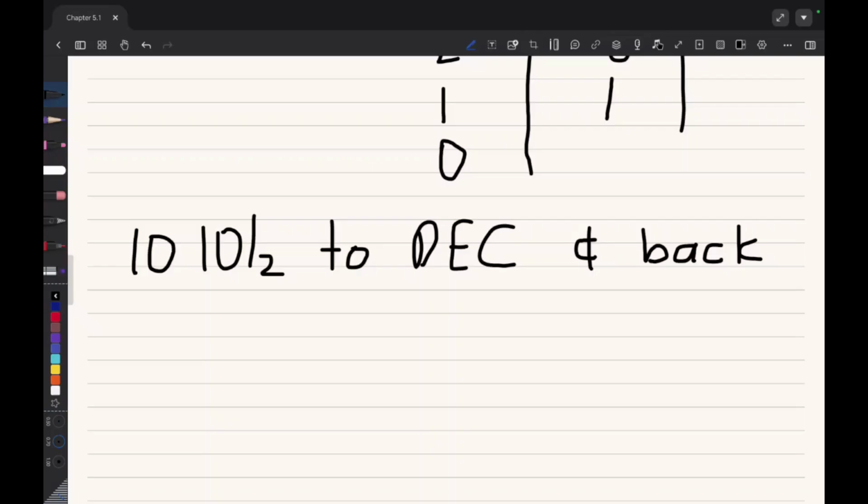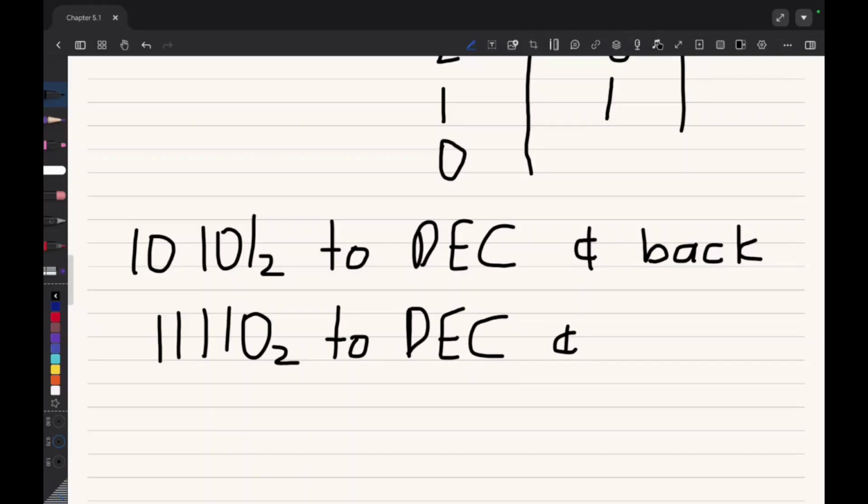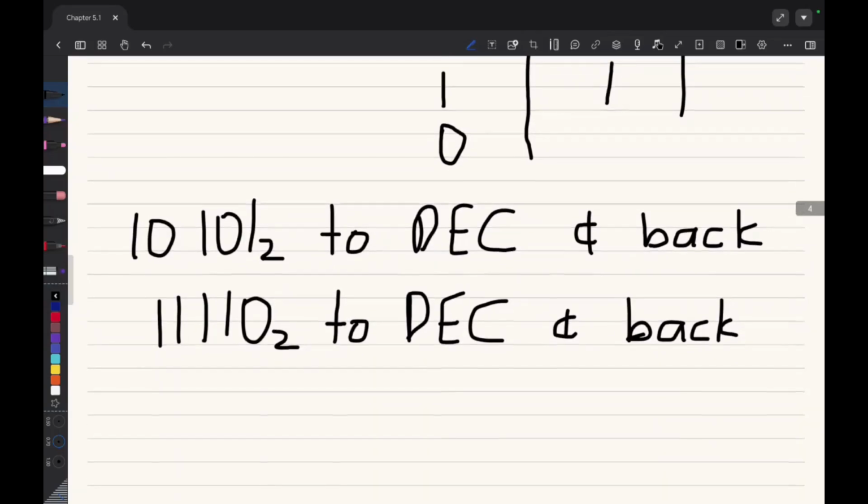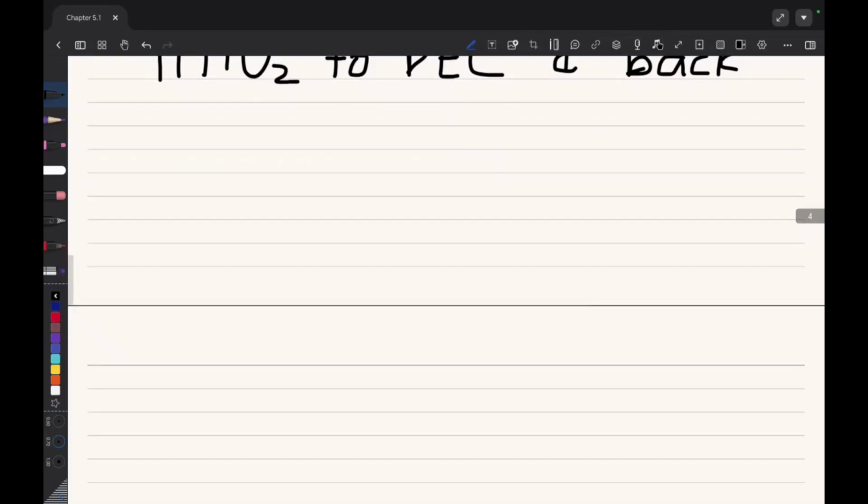The second one, convert 110 base 2 to decimal and back. Right. That's it. Now let's talk about bases.